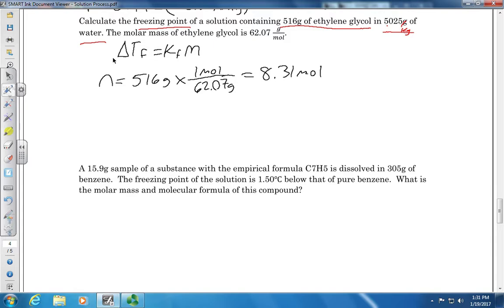Then to find the molality, we simply take the moles of the solute, 8.31 moles, and divide by the mass of the solvent in kilograms, which is 5.025 kilograms. And that gets us 1.65 molal.